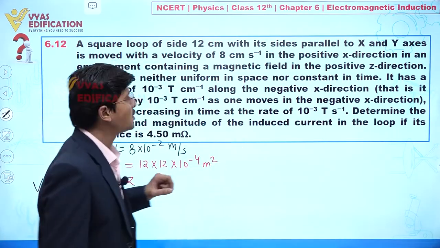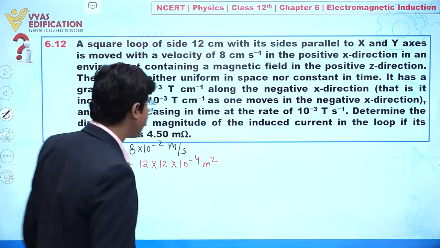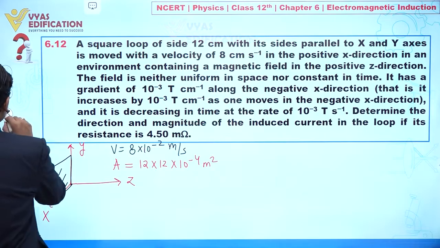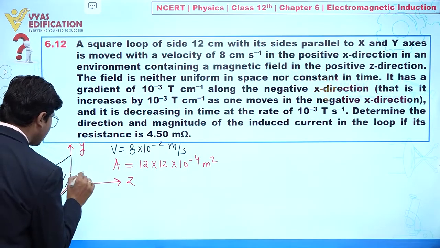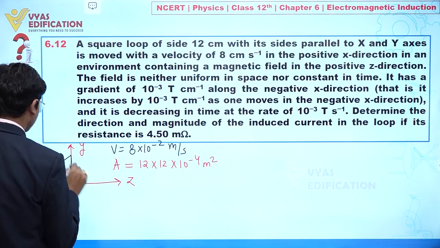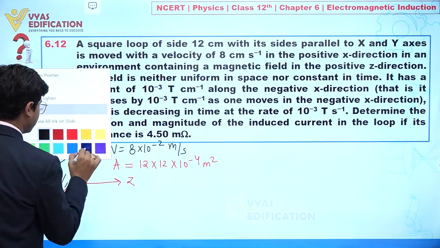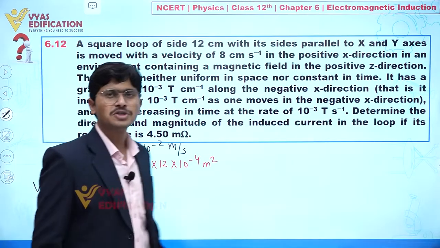Actually it is moving in a positive x direction in an environment containing a magnetic field in the positive z direction. So I can say the magnetic field is acting in this direction, that is B, along the positive z direction.